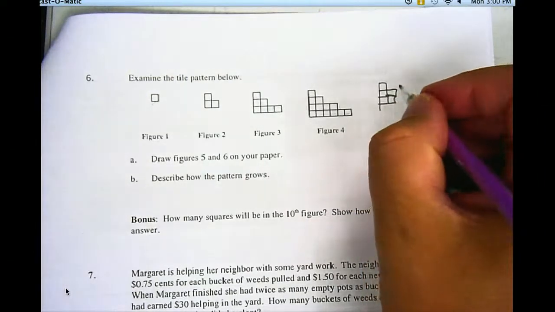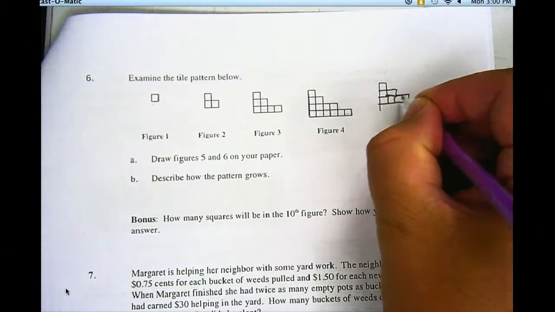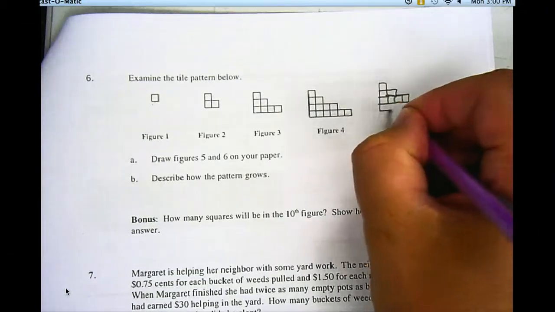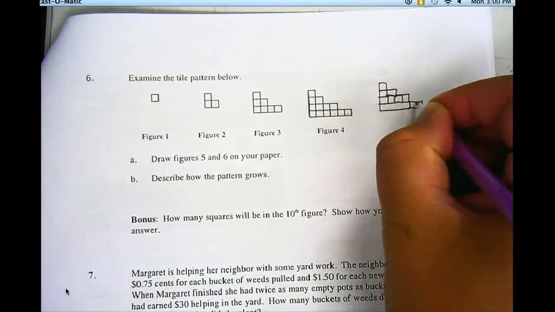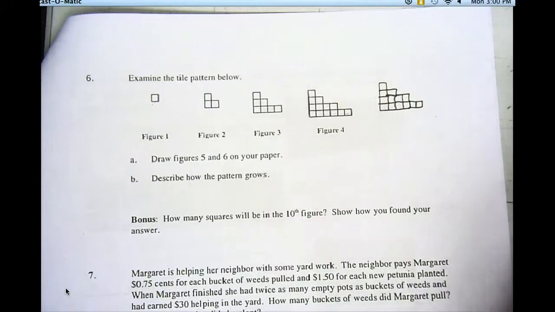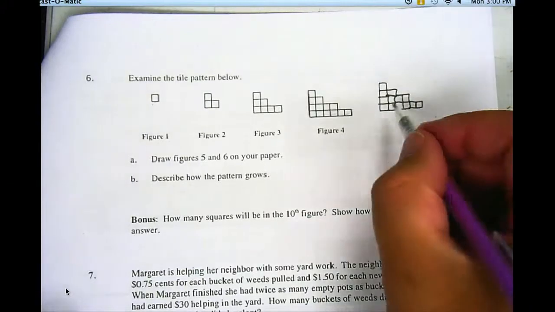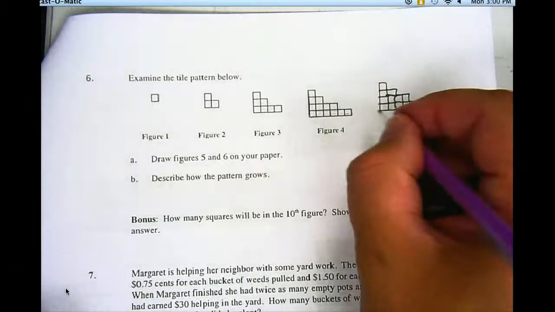as figure 4. And there's the same top as figure 4, but then it's going to have 1, 2, 3, 4, 5, 6. My bottom row grows by 2 each time.